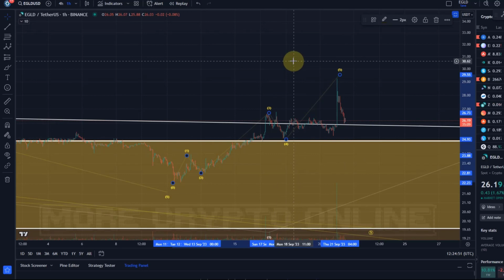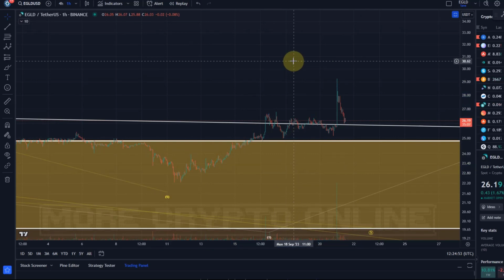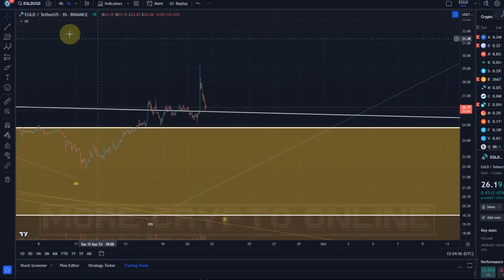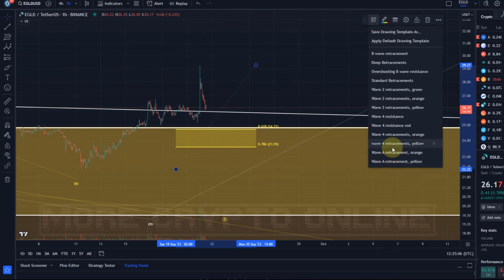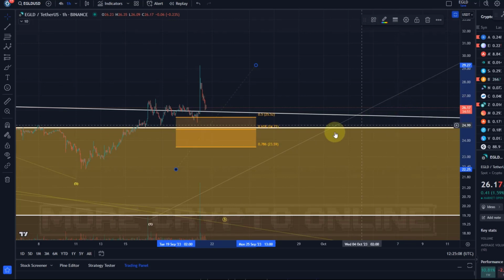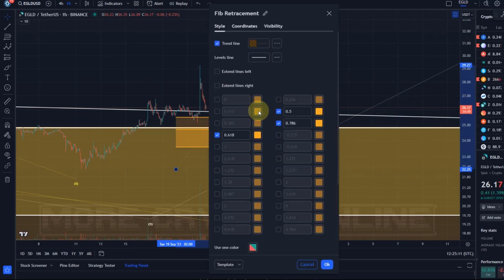But nevertheless, even so, if it is a 5-wave move, which I don't think it is, then I can give you a support area, but questionable. So support is $23.60. So this level really needs to hold. So I'll highlight that in orange because it's basically higher risk, because I cannot recognize clear 5 waves. So it's questionable.